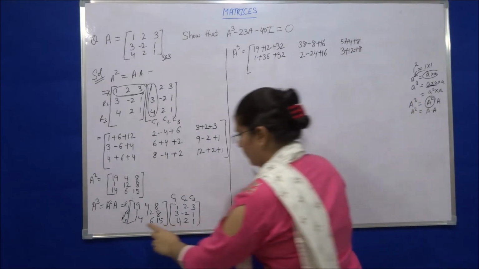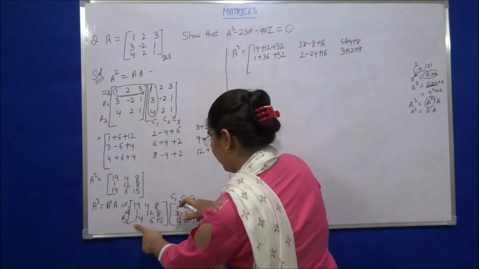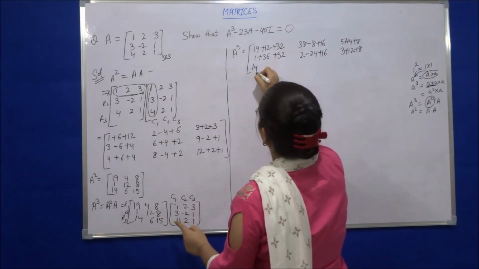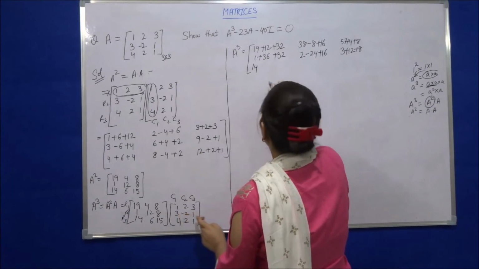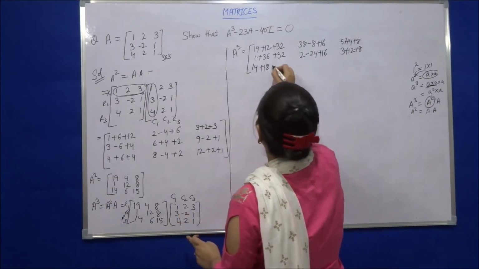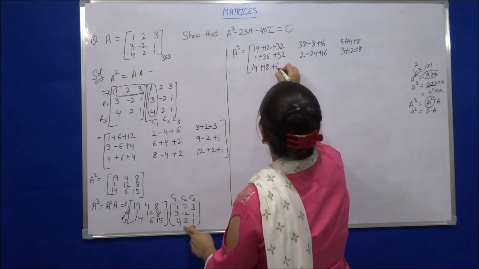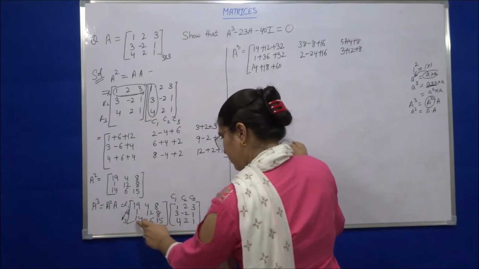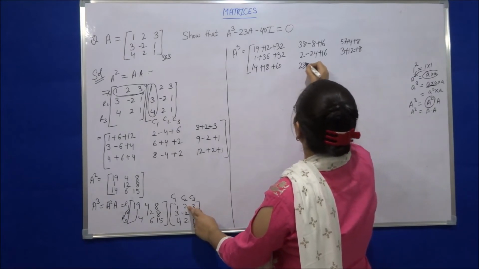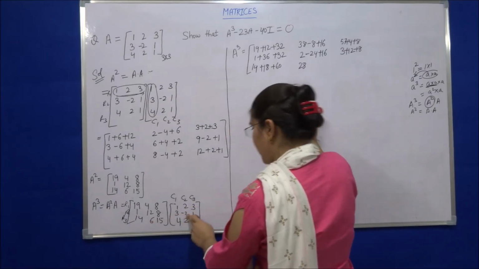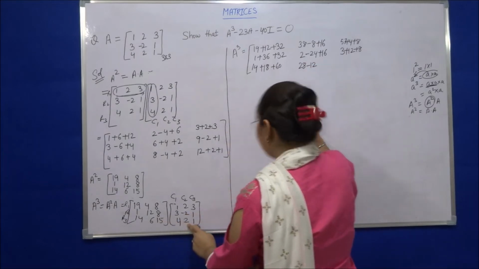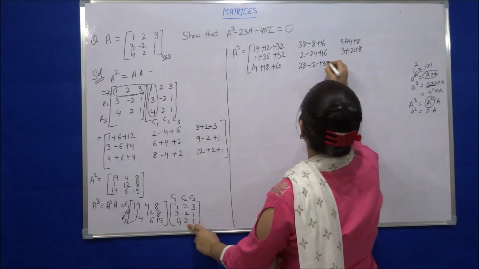Now again R3 will multiply with column 1. So 14 multiplied by 1 will be 14, 6 multiplied by 3 will be 18, 15 times 4 is 60. 14 multiplied by 2 is 28, 6 multiplied by minus 2 is minus 12, 15 multiplied by 2 is 30.